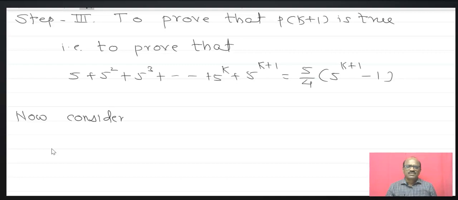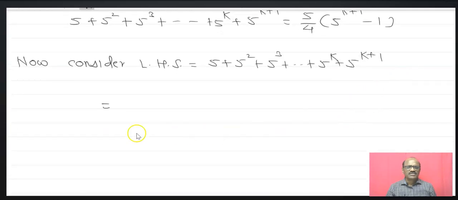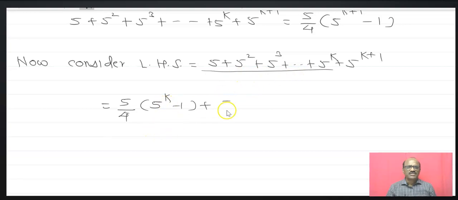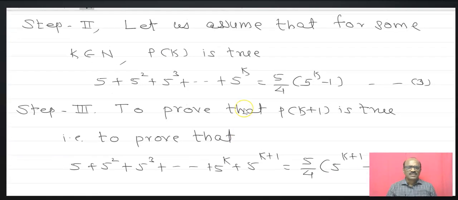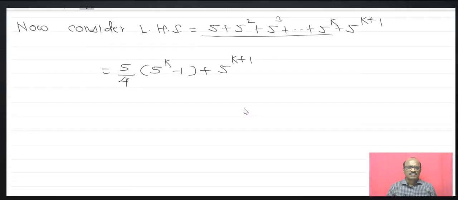Now consider LHS, that is 5 plus 5 square plus, the same steps are here, 5 raised to k plus 5 raised to k plus 1. That is, substitute here the value of 5 by 4 (5 raised to k minus 1) plus 5 raised to k plus 1.